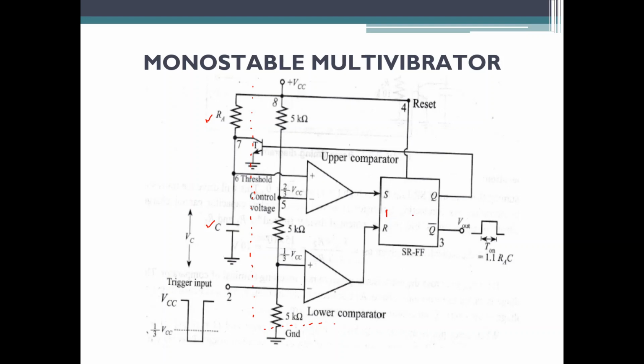When this flip-flop output is 1, transistor T, that is the discharge transistor, will be driven into saturation, and the capacitor will be bypassed by this particular transistor, which means that the capacitor will not charge. So when the discharge transistor is on, initially when the flip-flop stores the data of 1, this transistor will be on and your capacitor will be discharged.